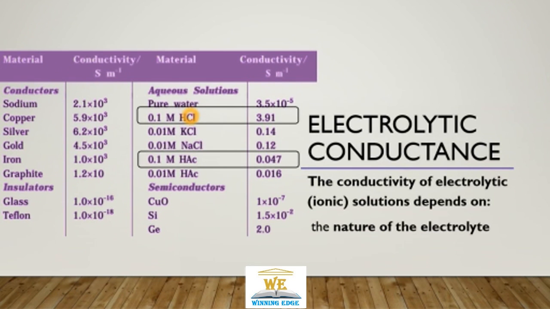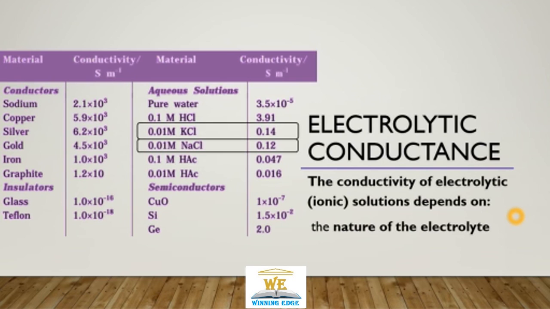Like here, HCl and acetic acid at the same concentrations have entirely different conductivities. HCl has a far greater conductivity than acetic acid because it furnishes ions more quickly in solution than acetic acid. Because of this, for the same concentration, HCl is a better conductor. So the nature of the electrolyte is one thing on which conductivity depends.